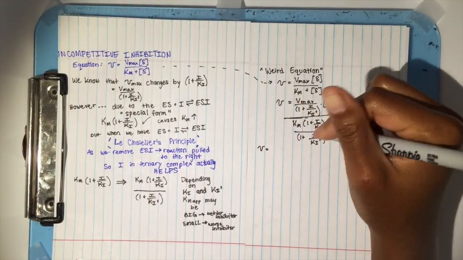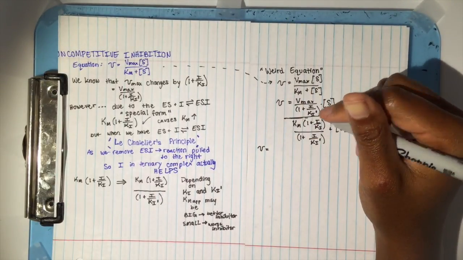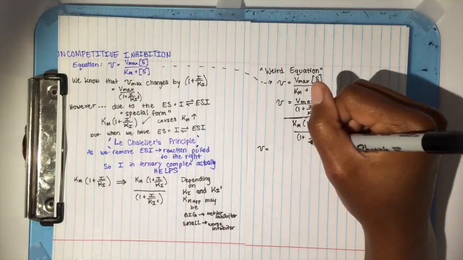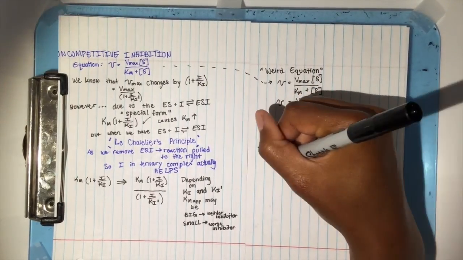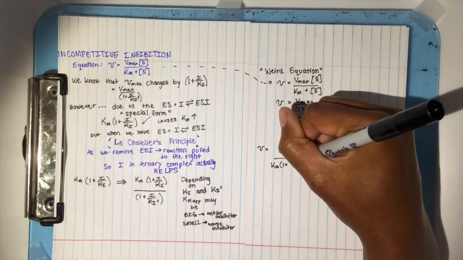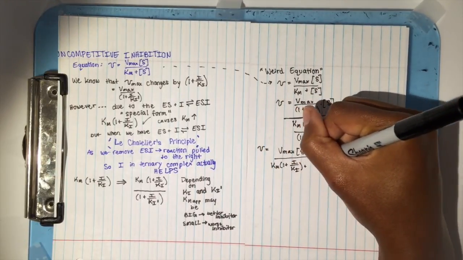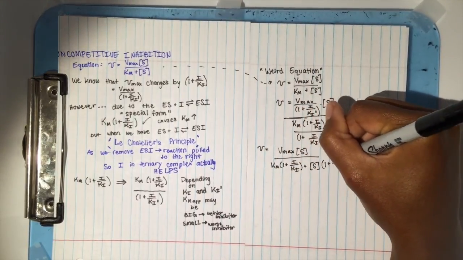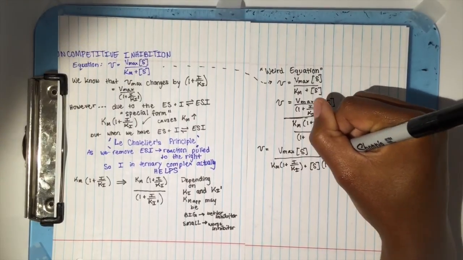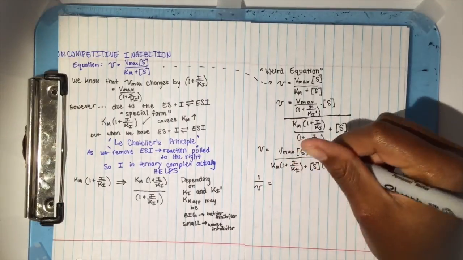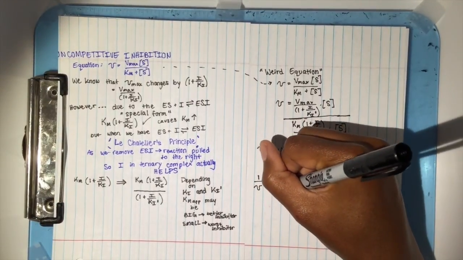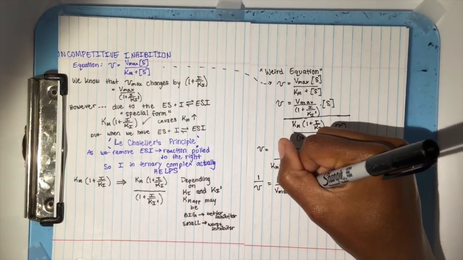Okay? And so now we're going to go ahead and multiply both the numerator and denominator by 1 plus I over Ki prime, just so we can simplify a bit. And now we get Vmax times S all over Km times 1 plus I over Ki plus substrate times 1 plus I over Ki prime.